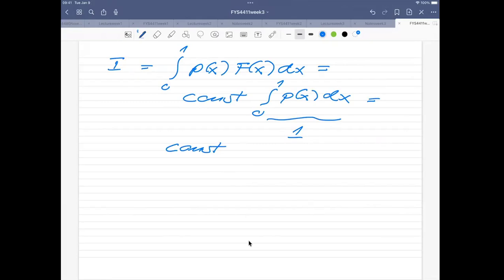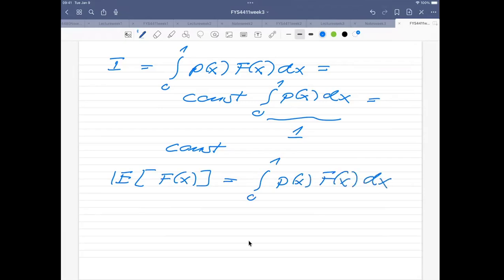This is interesting because when we are calculating the variance, the integral which we evaluated now is the expectation value of this quantity. And let's try to finish this before we take a small break. So we have p of x, F of x, d of x, and this mean value now is just given by the constant.